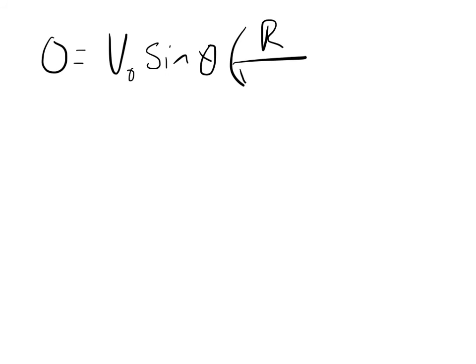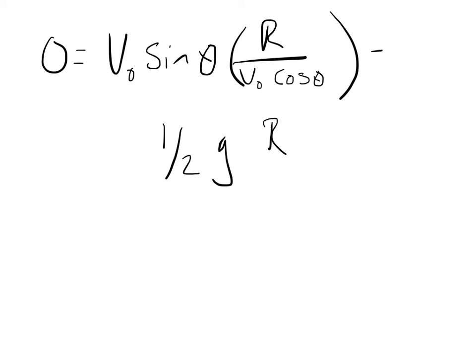So can I plug some stuff in here to make this a little easier to look at? To go back to some of the things from earlier, 0 is then equal to v naught sine theta times r over v naught cosine theta, minus 1/2 g r squared over v naught cosine theta quantity squared.